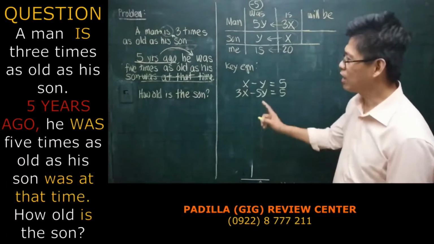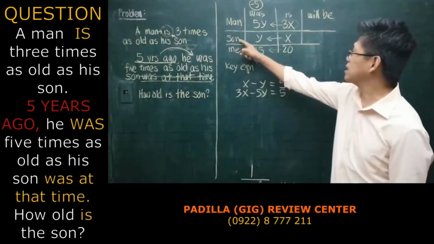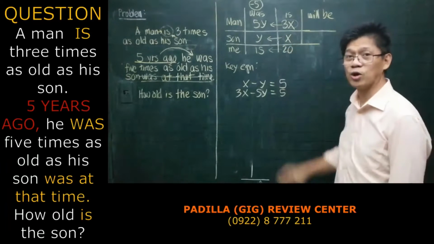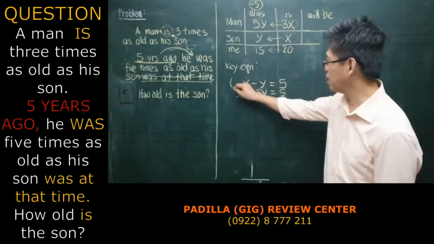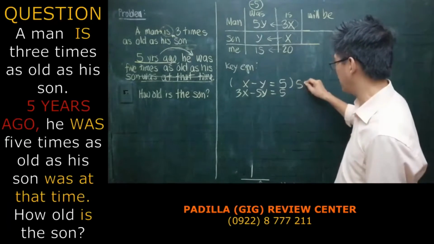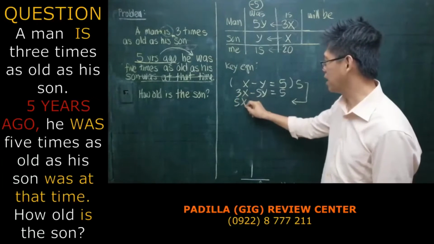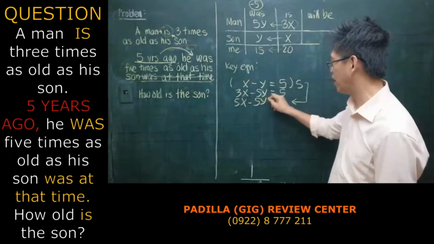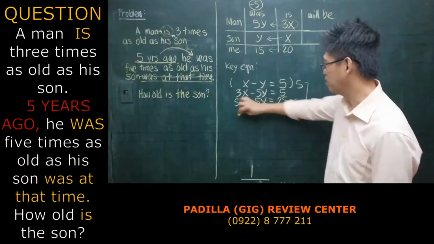Okay? So, the question is, how old is the son? The son is X years old. So, we need X. So, let us eliminate Y by multiplying everything by 5. So, you will have here 5 times X minus 5 times Y is 5 times 5. That is 25.